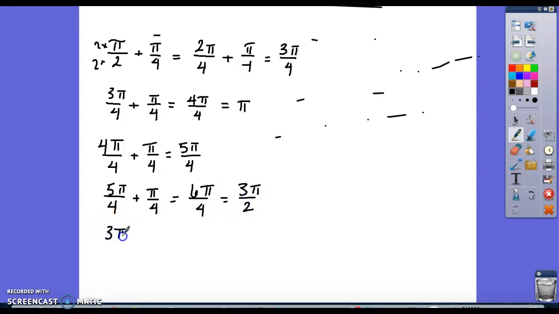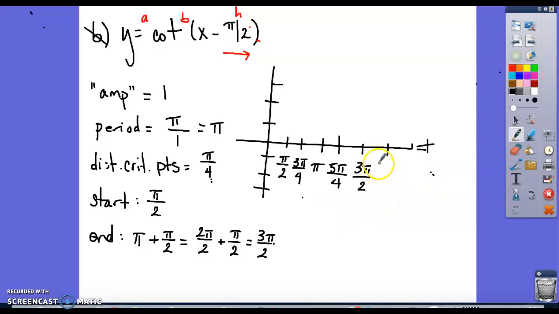Okay, then I go to find my next critical point. 3 pi over 2 is 6 pi over 4 plus pi over 4 is 7 pi over 4. Okay, and I need to keep going. I'm going to go ahead and just fill the rest of these in. This is going to be 2 pi. This is going to be 9 pi over 4. And this one is going to be 5 pi over 2.